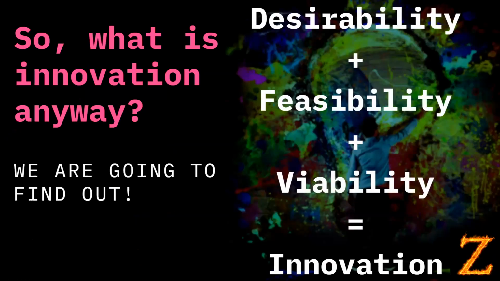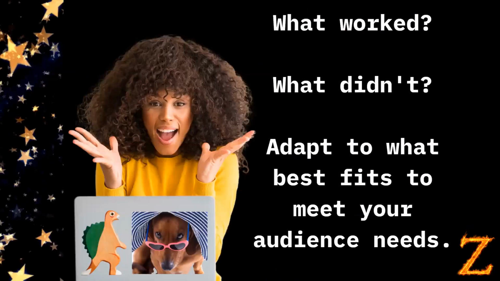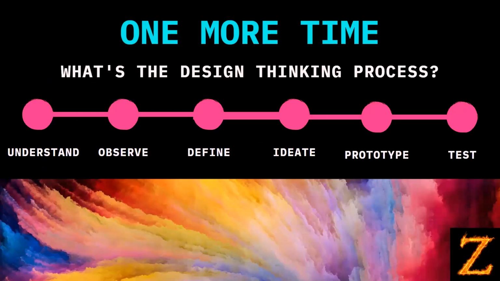So this whole innovation thing that we're leading to, innovation is really about creating a solution that's desirable, feasible, and viable. So you want to think about what worked, what didn't work. You want to adapt to what best fits to meet your audience's needs. This is another way of looking at the design thinking process, because there are lots of schools of thought.